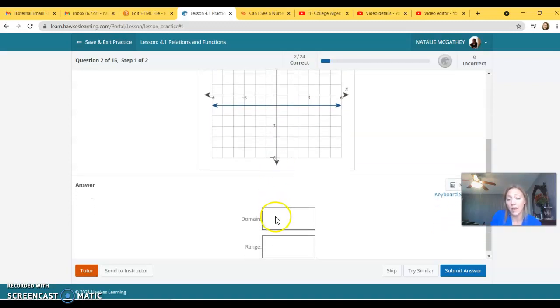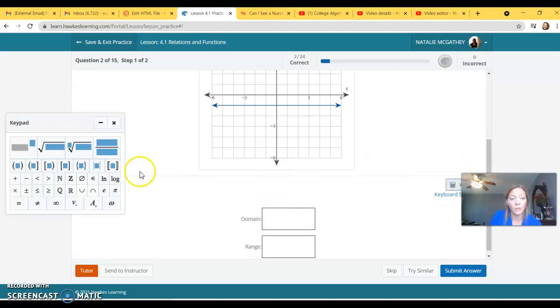So for the domain, I would use interval notation, or you might say all real numbers. And for the range, you'll just list the one y value that's in the range, using these braces and listing that one element.